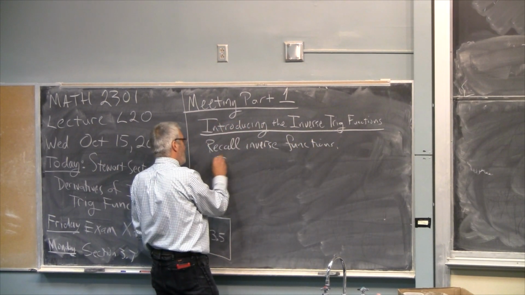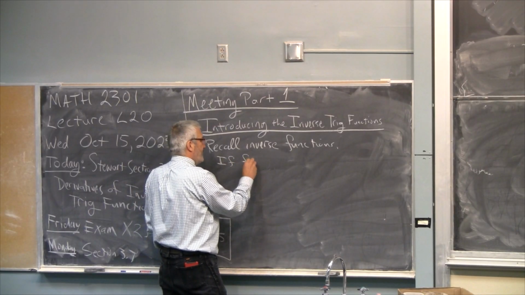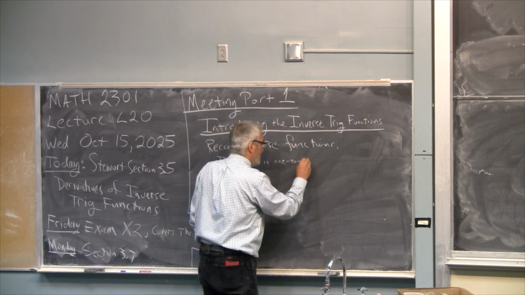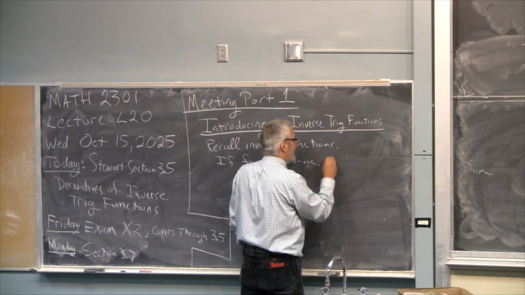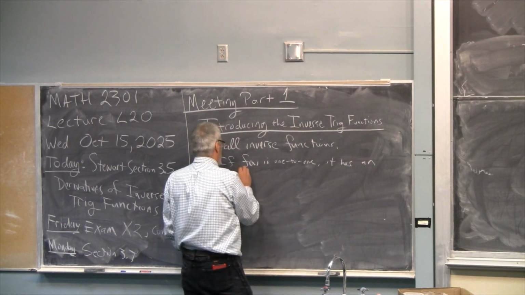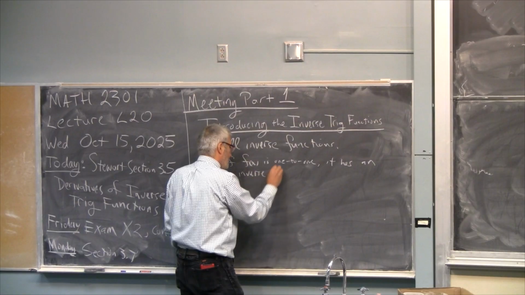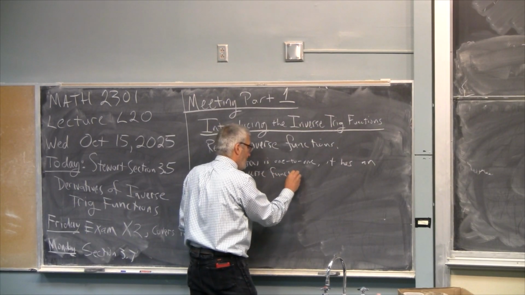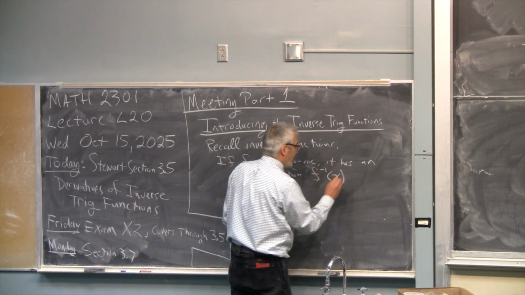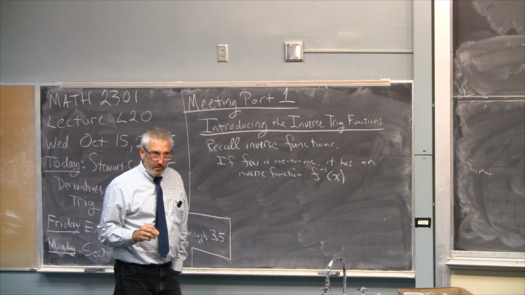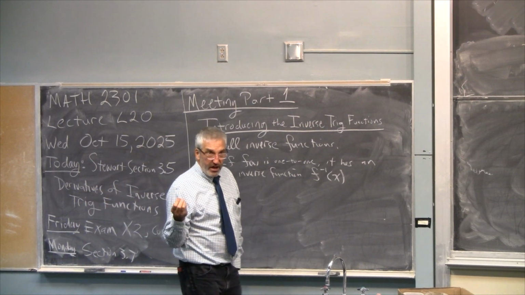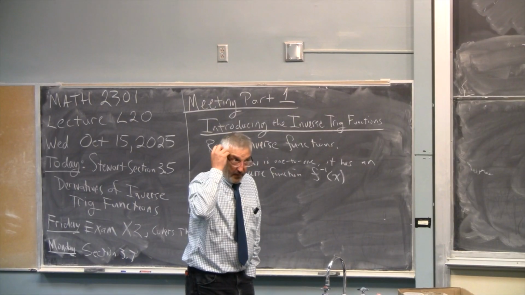The idea is if f of x is 1 to 1, it has an inverse function, which is denoted f superscript -1 of x. And you get the graph of the inverse function by interchanging the x and y values on the graph of f.